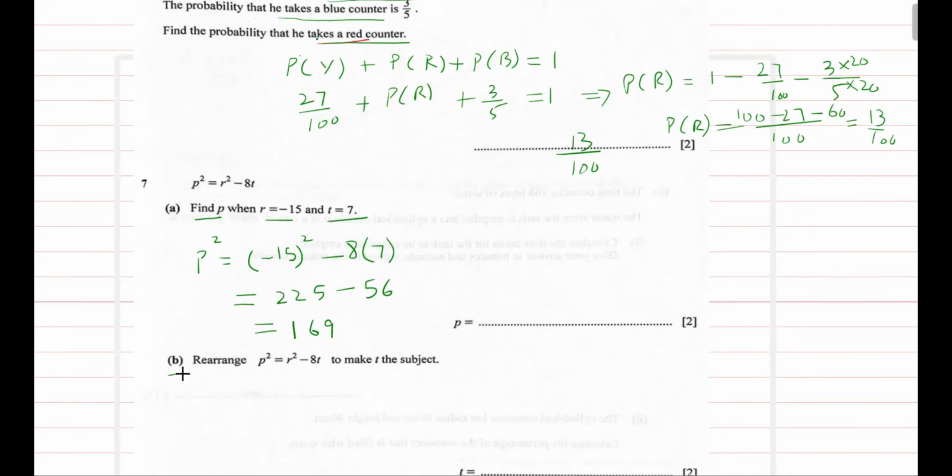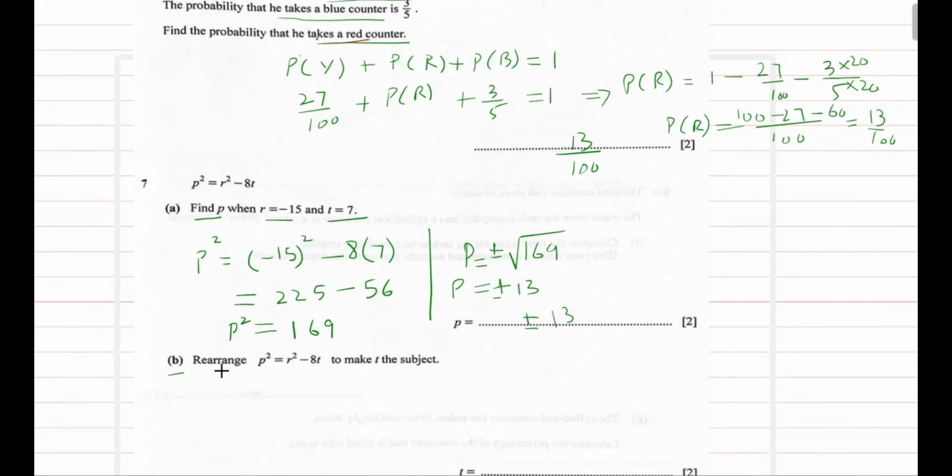Part B, this is the p square value, and therefore p will be equal to the square root of 169, and plus minus we write, and therefore this value would be plus minus 13, and this is the answer.